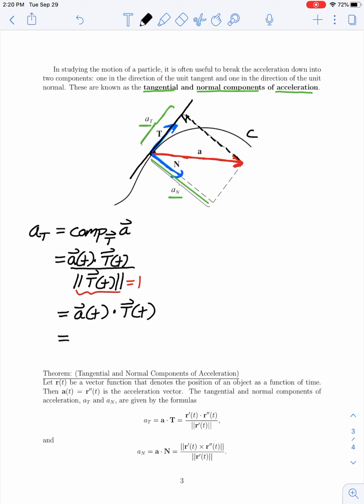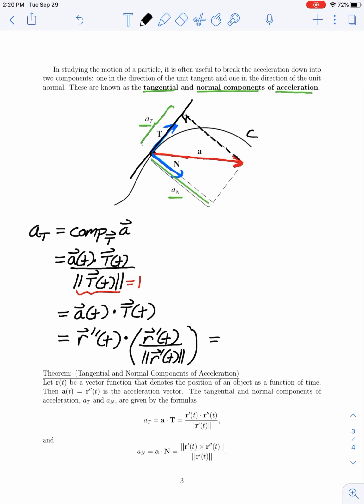So let's think about this. The acceleration vector for some object was defined as the second derivative of the position vector, that is r double prime of t. And we're taking the dot product of that with the unit tangent vector, which by definition is r prime of t divided by the magnitude of r prime of t.